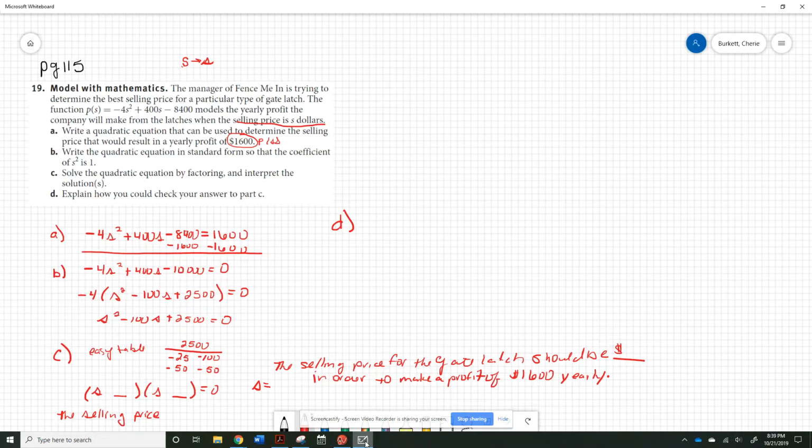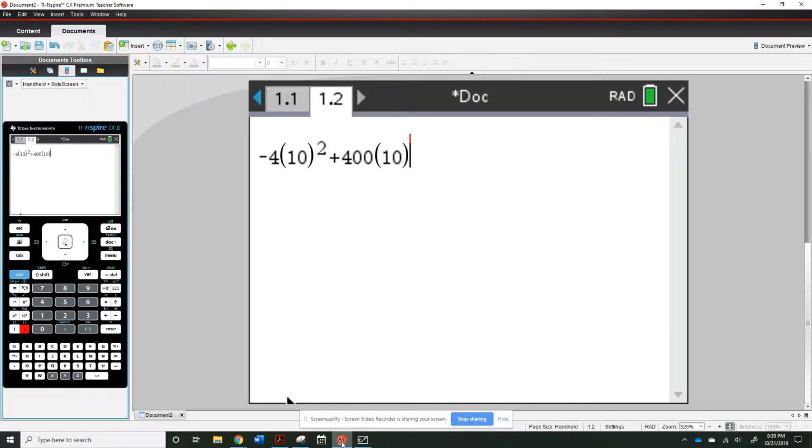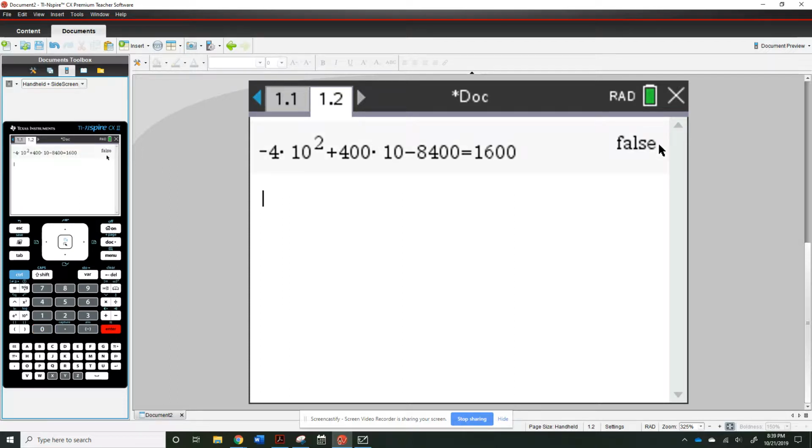And then it was minus 8,400, minus 8,400. And we think that should equal 1,600. And when you press enter, the calculator says, nope, that's not right. So what that means is that $10 is not the selling price.